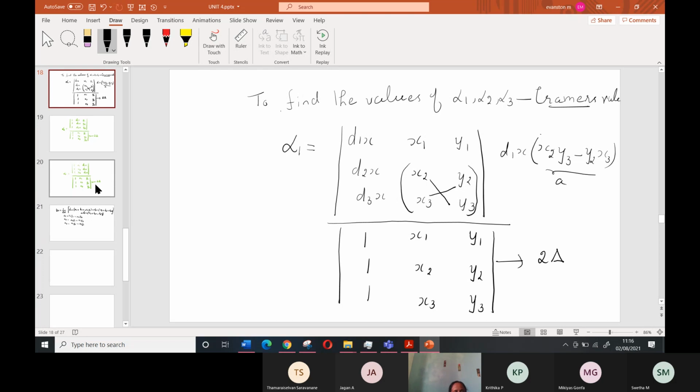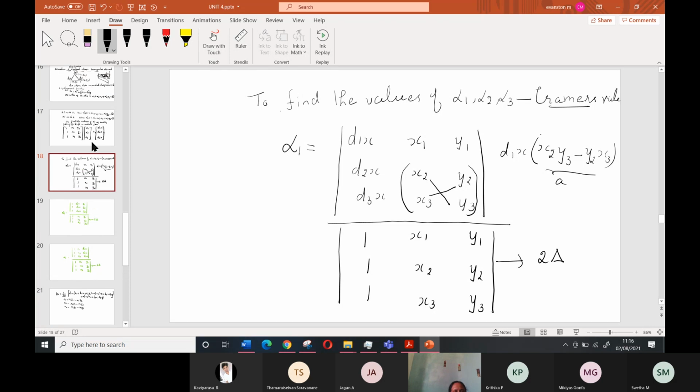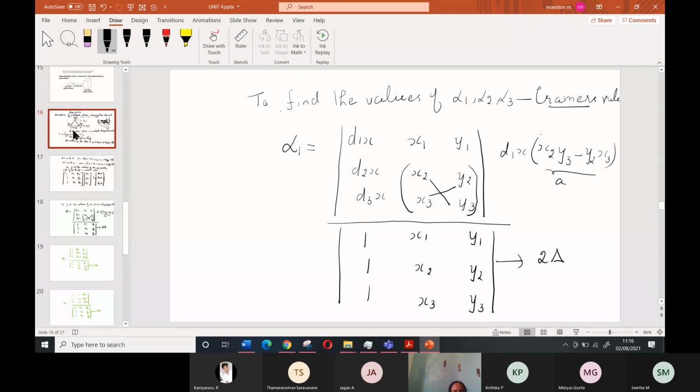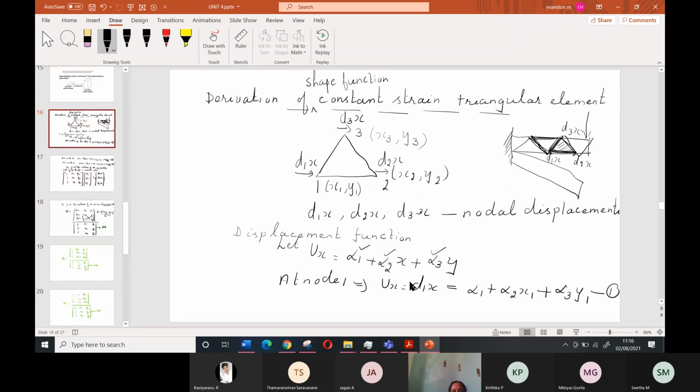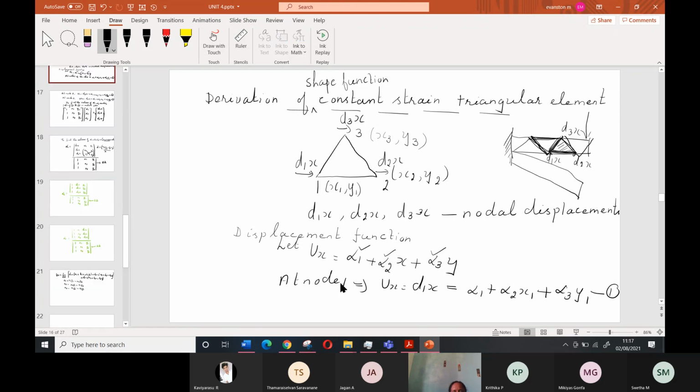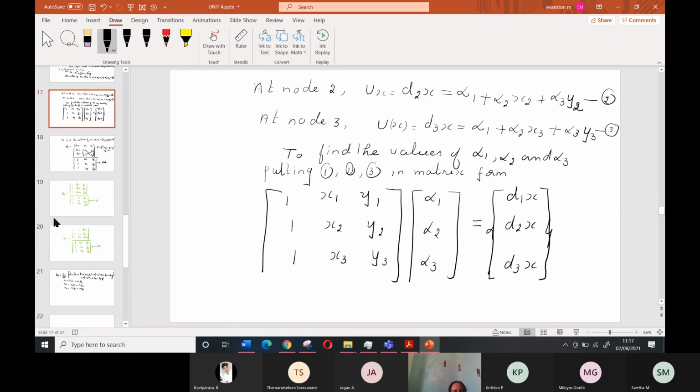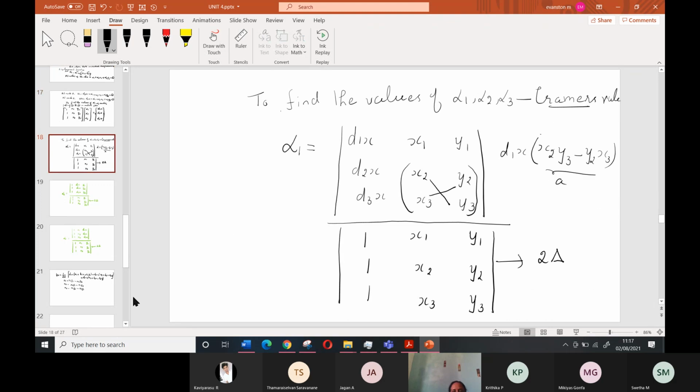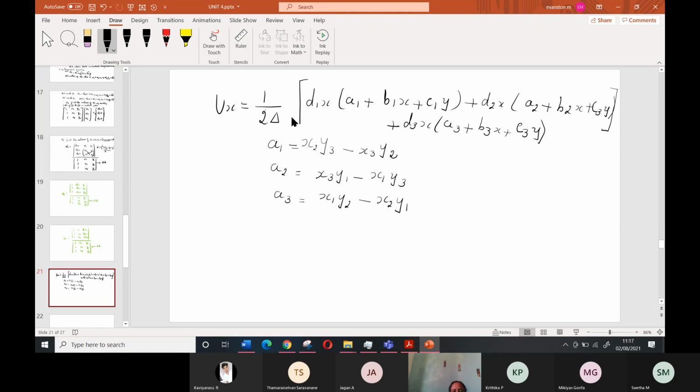So what is the primary equation? Primary equation is alpha 1 plus alpha 2x plus alpha 3y. I have put the value of alpha 1, alpha 2, alpha 3 in this equation, and I take d1x commonly outside, d2x commonly outside, and d3x.